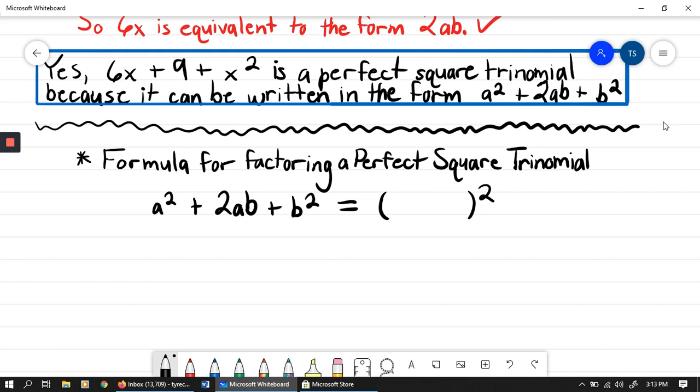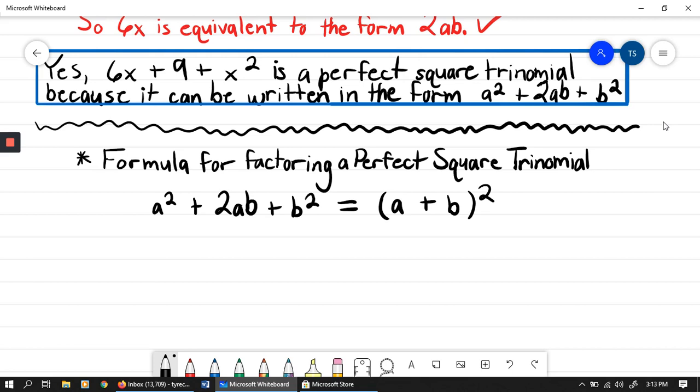Technically you could write this as one binomial times another binomial, but it's simpler to write it as a binomial squared, where you don't have to write it as repeated multiplication. Okay, and so that will just be (a plus b) squared.